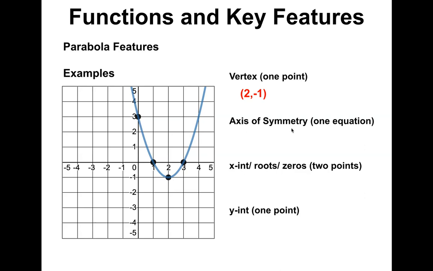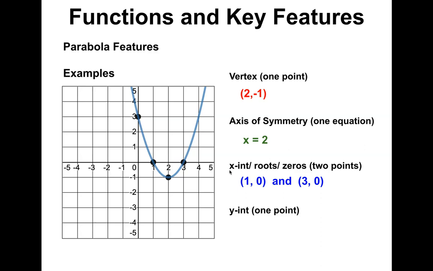Remember, the axis of symmetry is going to be an equation that cuts through the vertex. So x equals 2, wherever your vertex is, find the line that would go through that point. Notice also that the x of your axis of symmetry is the same as the x of the vertex.